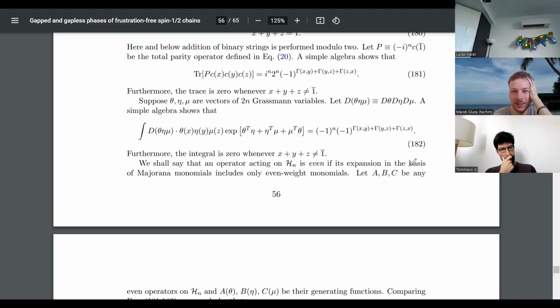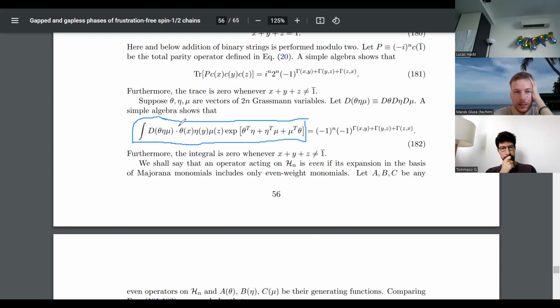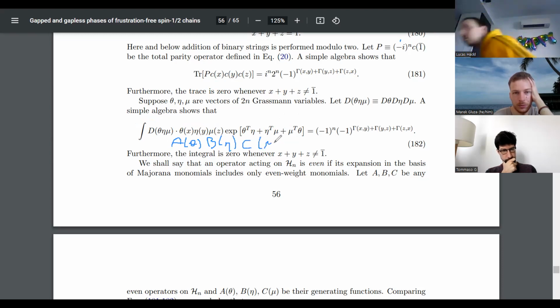Okay, but once we have this, then it shows that Grassmann integration like this can compute this triple trace upstairs. So now what we can do is, in this notation, we could replace A by theta, B by eta, and C by mu.